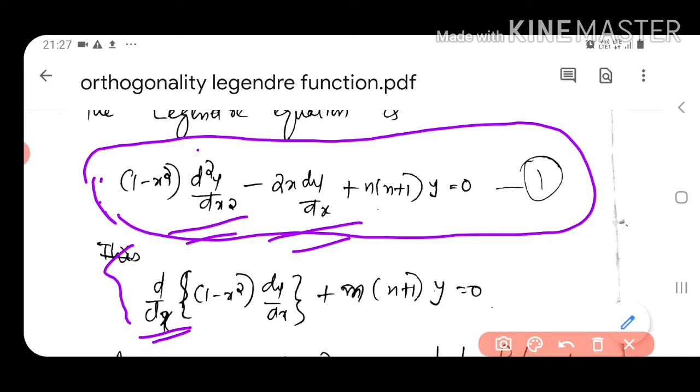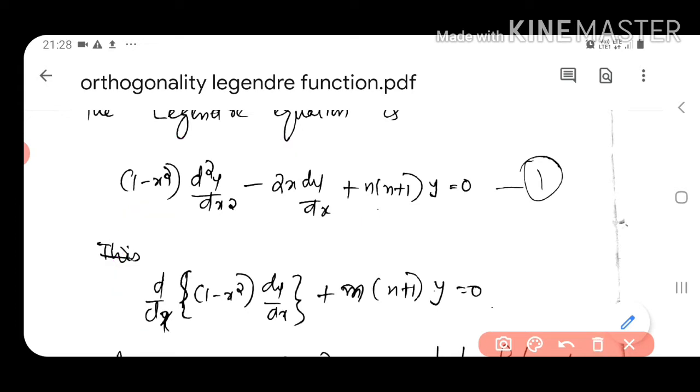So d by dx of (1 minus x square) dy by dx: you will get 1 minus x square d square y by dx square, and then you keep dy by dx here and differentiate this 1 minus x square, so you will get minus 2x.